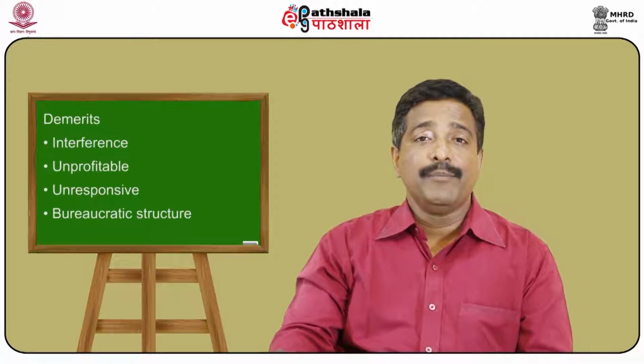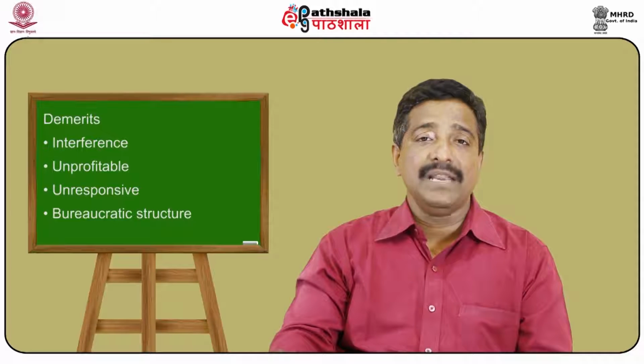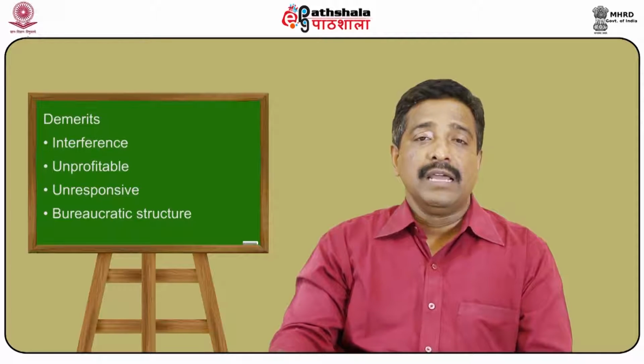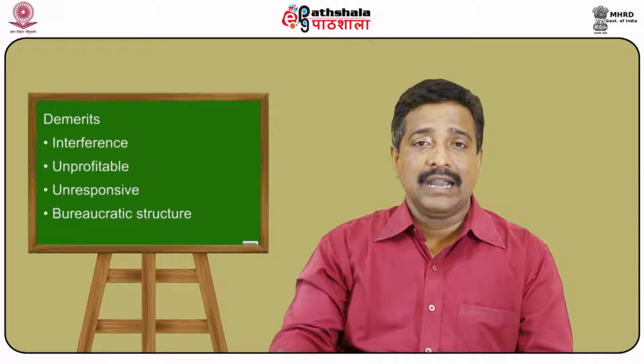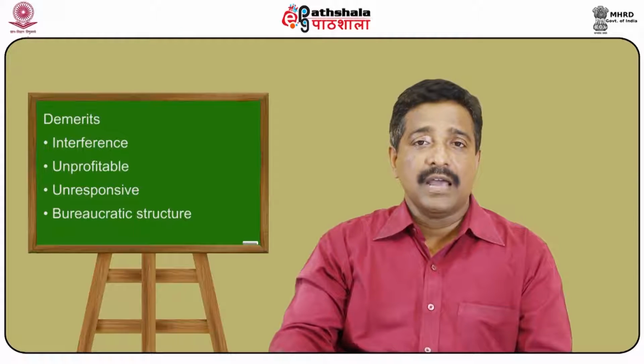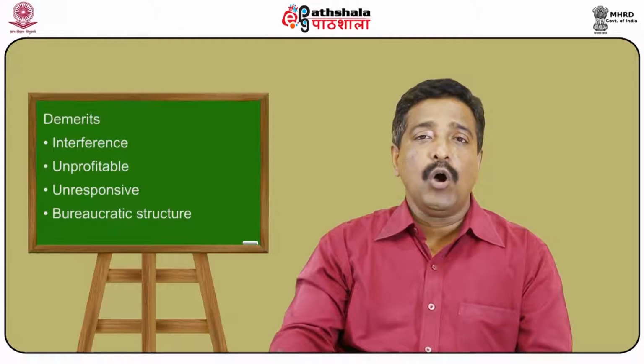And that apart, the bureaucratic structure is one of the hampering features of these public enterprises. Since it is established by the government, the controls, regulations, the culture and structure of these public enterprises have over a period of time adopted all those features which are found in government, and over a period of time they have become bureaucratic in nature.